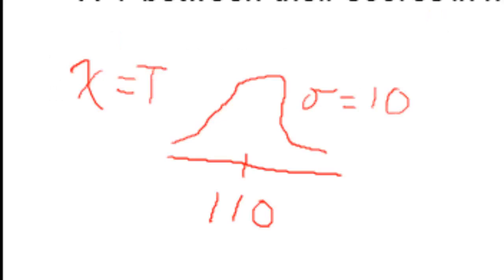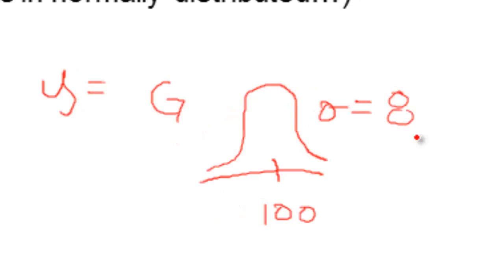So here is a picture that represents the distribution for Tom with a mean of 110 and a standard deviation of 10. And here's the picture that represents George's scores with a mean of 100 and a standard deviation of 8.